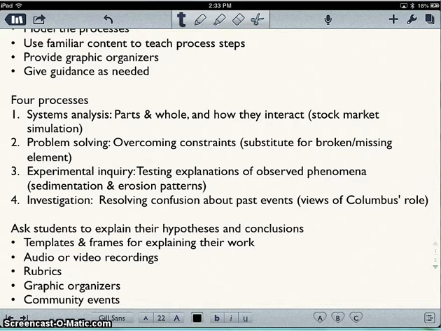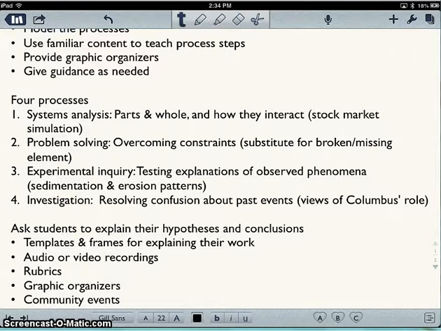Taking a problem-solving approach where you're trying to address something that's missing. You're trying to overcome a limitation or a constraint. The experimental inquiry approach. So in this process, you're collecting data, you're making an observation, and you're testing what that means.